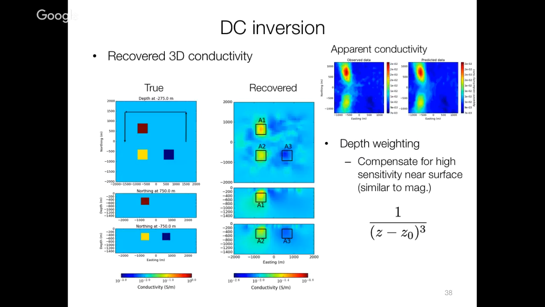It's not bad. In order to do that inversion, because we only have a gradient survey here, we actually have to put a depth weighting into the inversion. The same as in gravity or magnetics, you have to do a depth weighting. So that was incorporated in here.